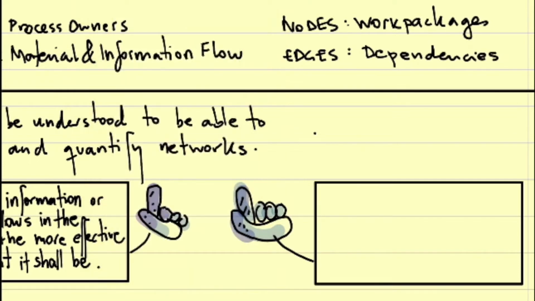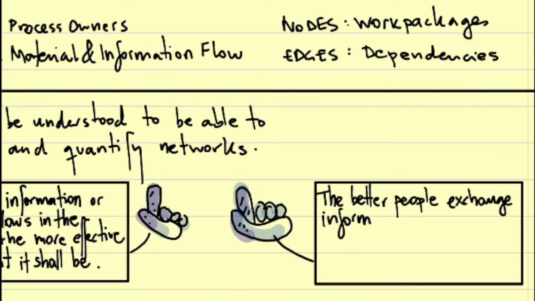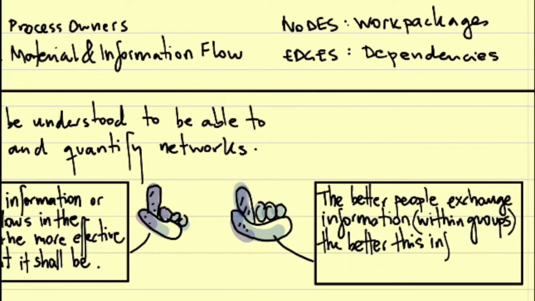The second idea, it's also important. The more, the better people exchange information within groups, the better this information is processed in the network.